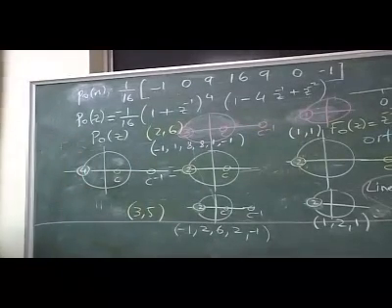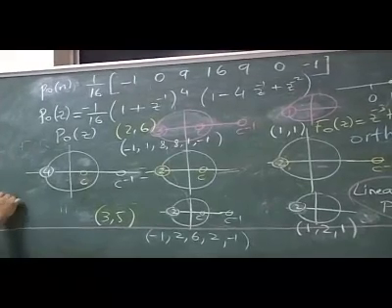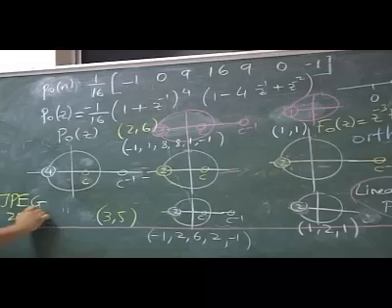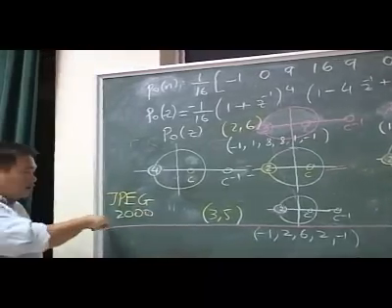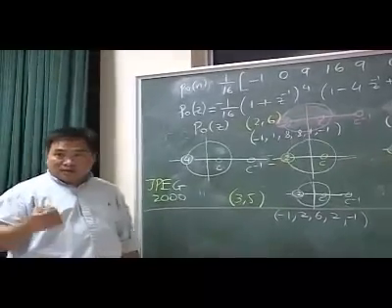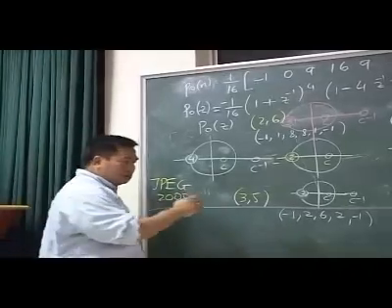Later, when Professor Jack discusses JPEG 2000, who has heard of JPEG before? I'm sure you know JPEG. JPEG 2000 is based on wavelets. When we discuss JPEG 2000, you can see that one of the choices is a 3-5 system.